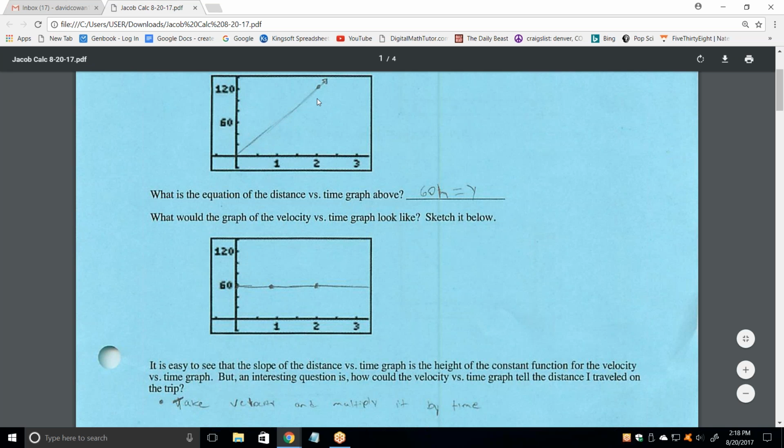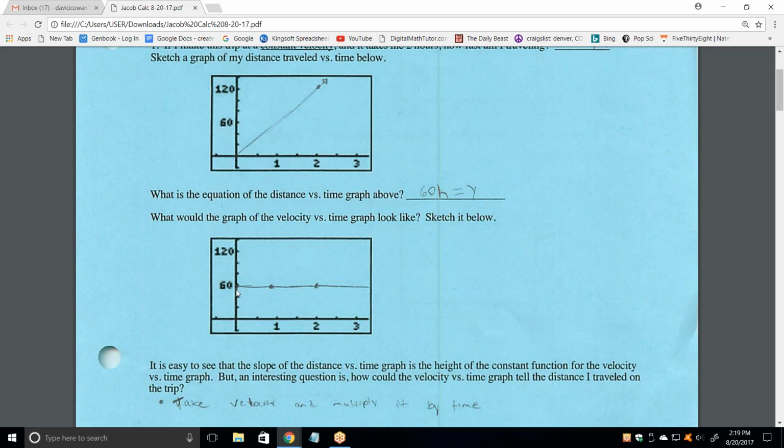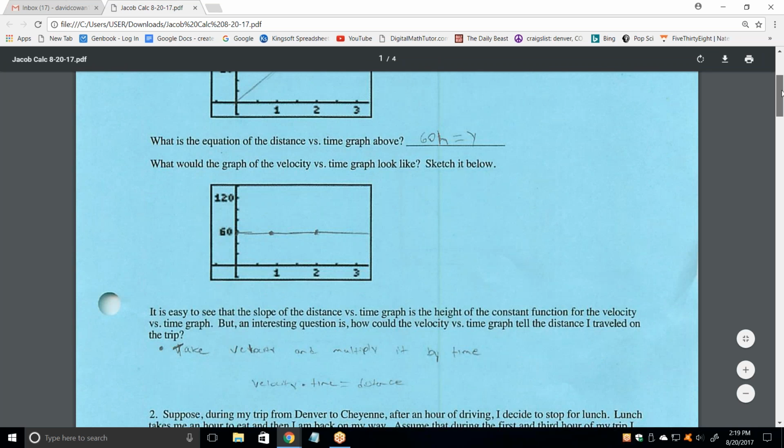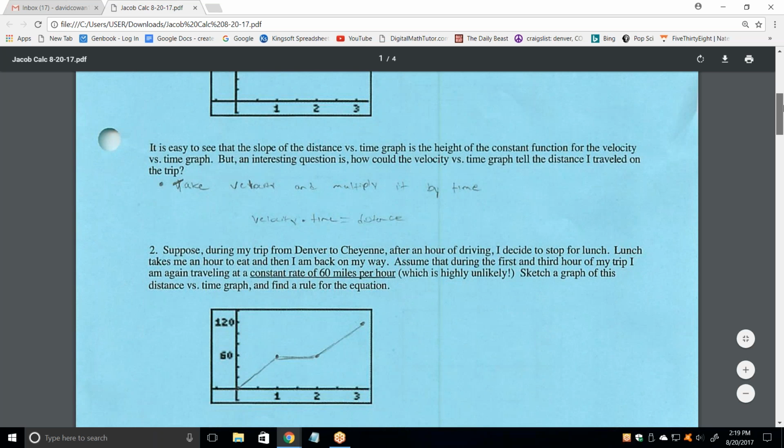So this thing has a constant slope of 60. Whether you go out 1 hour or 2 hours, the slope of that line is 60. Well, that's what the velocity is. It's a constant 60 miles an hour. So keep that in mind. Velocity is the slope of the position function. Okay.